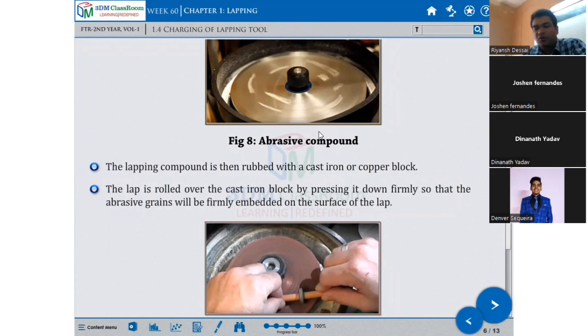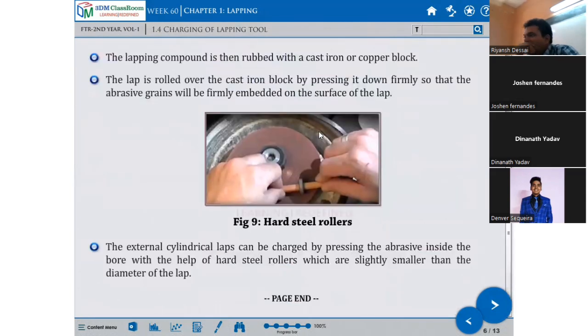The lap is rolled over the cast iron block by pressing it down firmly so that the abrasive grains will be firmly embedded on the surface of the lap. External cylindrical laps can be used for pressing the abrasive inside the hole with the help of hard steel, which is slightly smaller than the diameter of the lap.